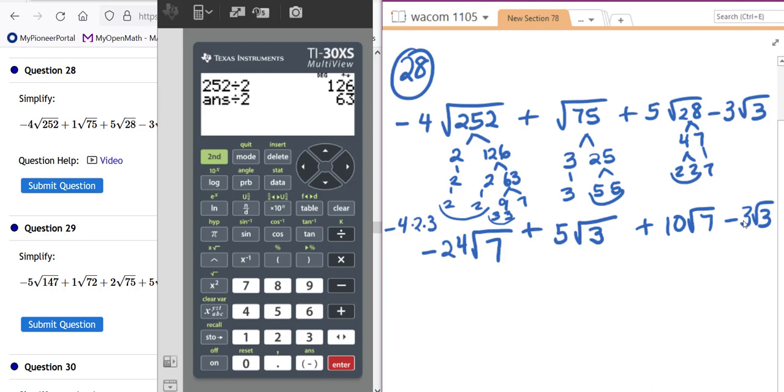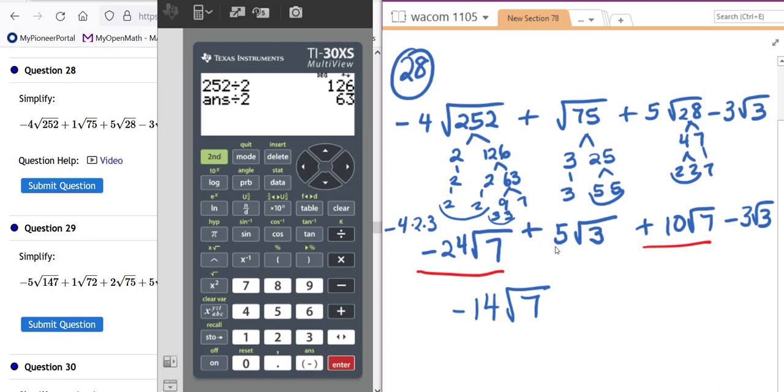Now you can put the like radicals together. So the square root of 7's can go together. Your math is on the outside. Negative 24 plus 10 will be negative 14. Keep the radical. Right? Square root of 3's can go together.